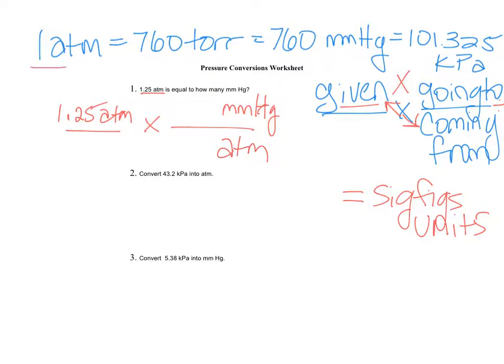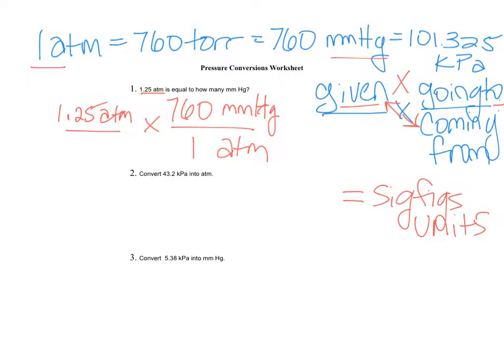ATM has a 1, so ATM is going to get a 1. mmHg has a 760, so mmHg is going to get 760. So in this case then, I'm going to go ahead and plug this into my equation. 1.25 times 760. I can divide it by that 1, but we know it's just going to be the exact same thing. All right, and I can get what that answer is going to come out to.